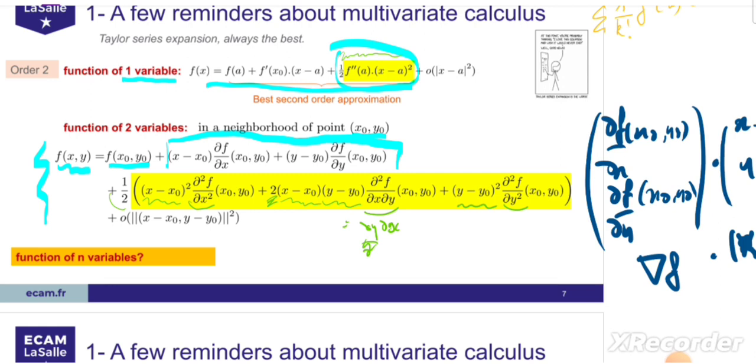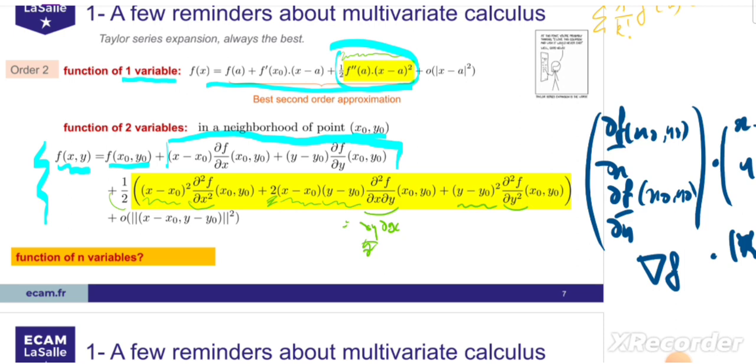The good news is, for n variables, we could, of course, write the same term, but for many variables. But you see that it's going to become huge very soon, because let's say that for 3 variables, how many second order derivatives do you have?